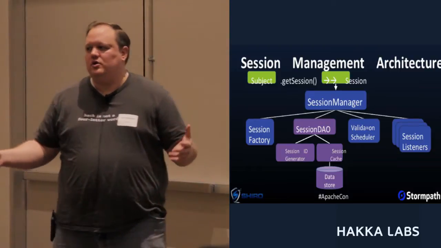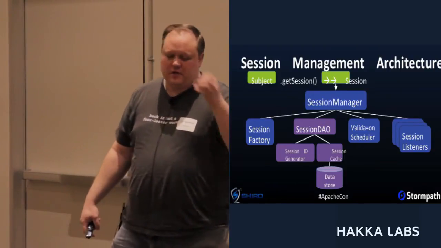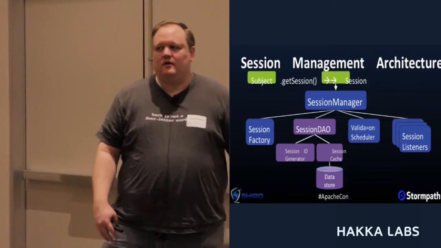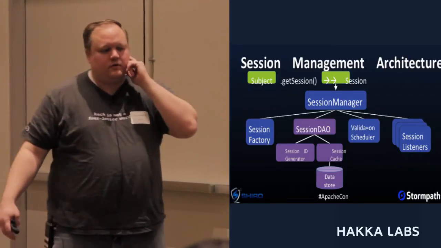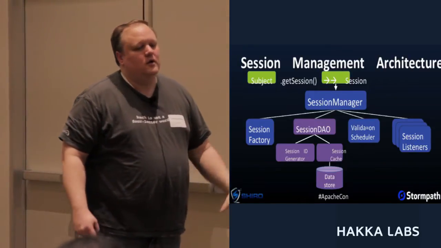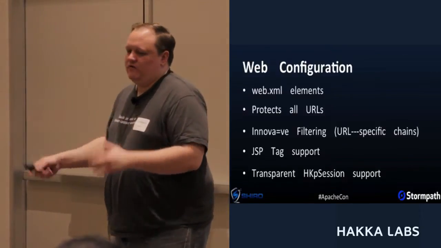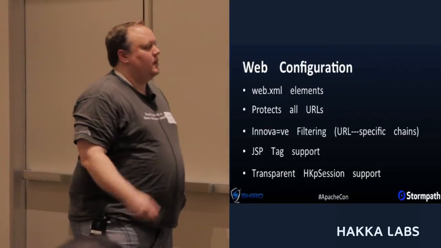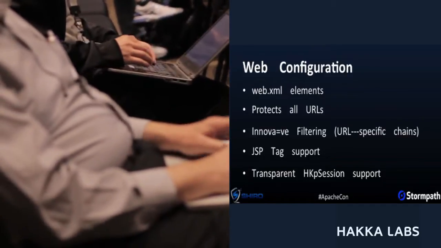Again, as I mentioned, you can use Shiro in any kind of different JVM context. We've got people using it in command line apps. We have people using it in Vert.x, which is an asynchronous framework, Akka, Play. So there's all sorts of environments that you would configure Shiro in. And in those environments, you might have different environment-specific configuration techniques. But we'll just focus on the standard servlet web application model here.